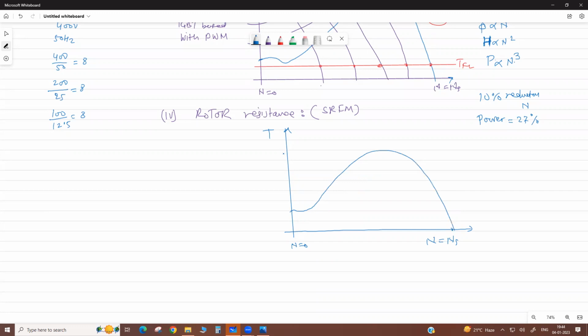When we vary the resistance, this curve is shifted this way.